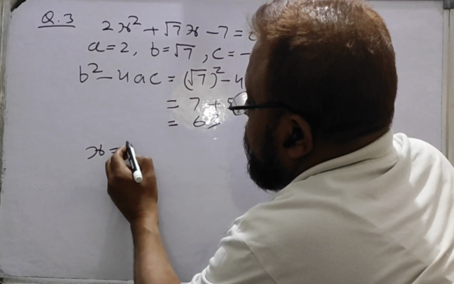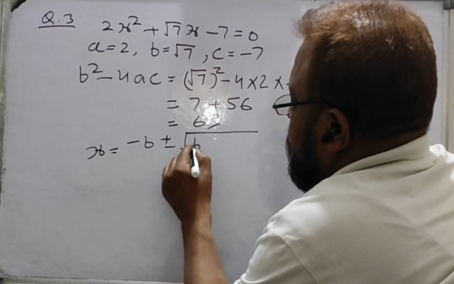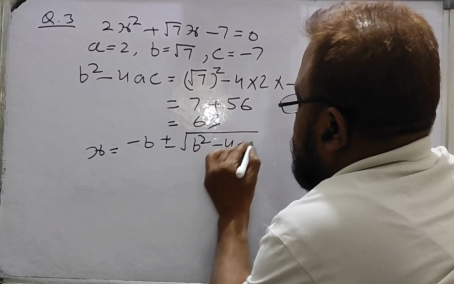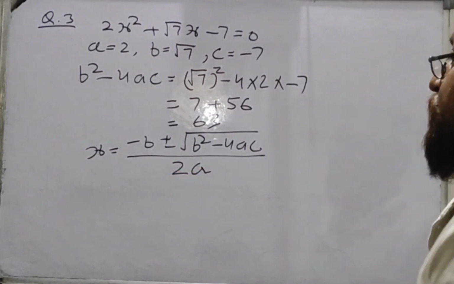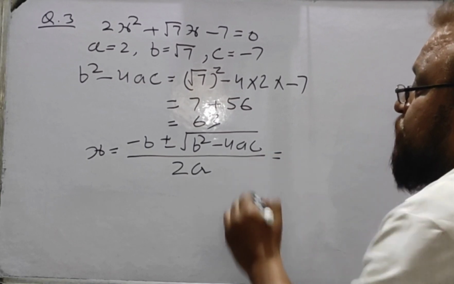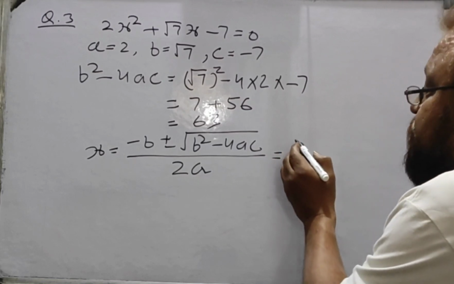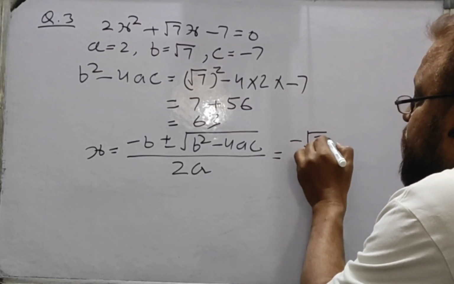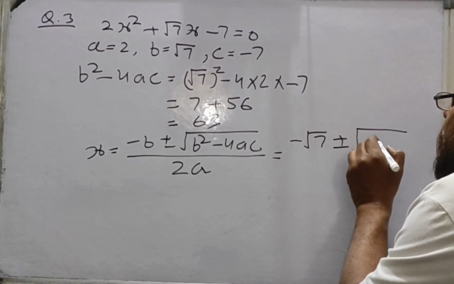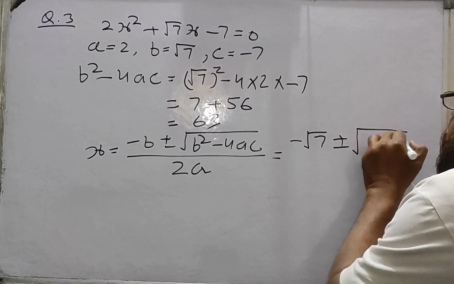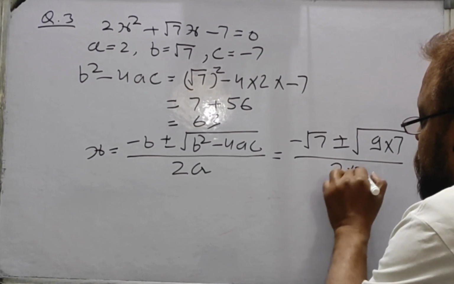So x is equal to minus b plus minus square root of b square minus 4ac, upon 2a. When we substitute the values, we get minus root 7 plus minus root 63, which means 9 into 7, upon 2 into 2.